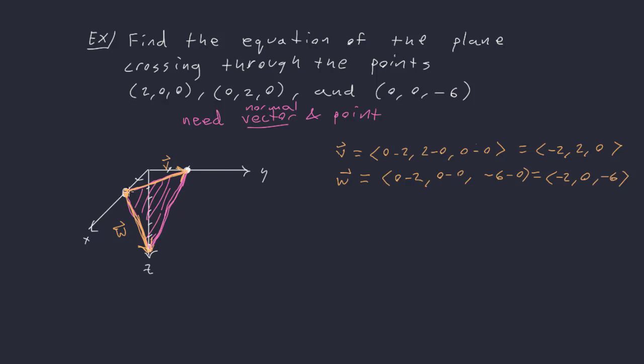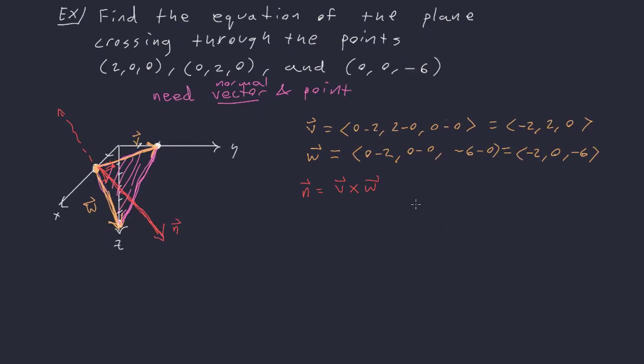The reason we need that is because if we want to find n, the vector that is perpendicular to both V and W, that is going to be their cross product. Now, which one we get depends on what order we set here, but again, we just need a vector that is perpendicular to both of these vectors, therefore perpendicular to the plane.